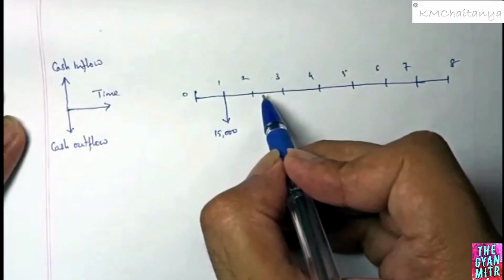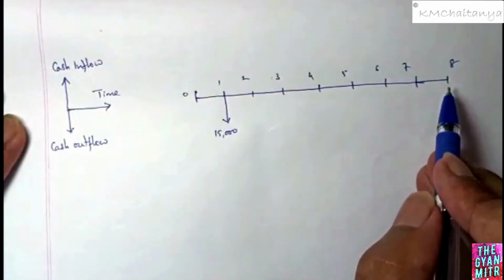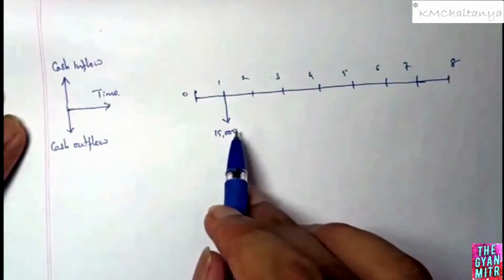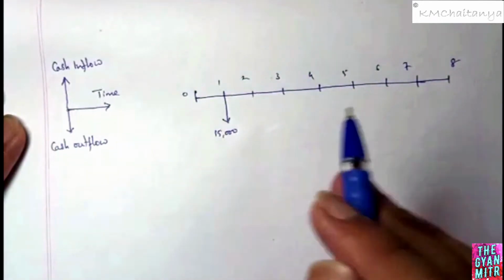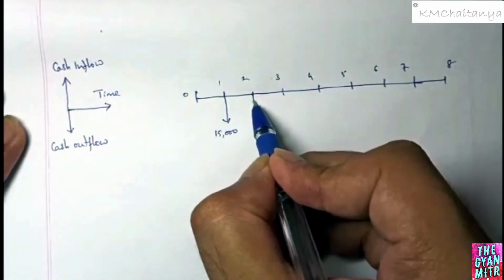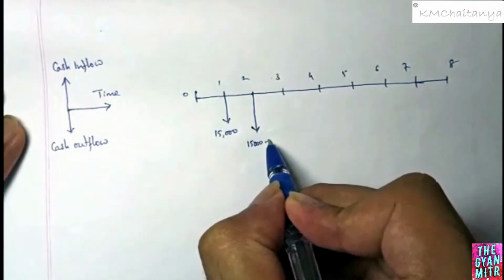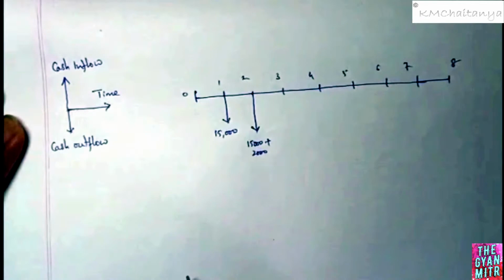Then from the second year onwards till 8th year the person is going to invest the initial investment plus 2000 of annual increment. So for the second year it will be 15,000 plus 2000.